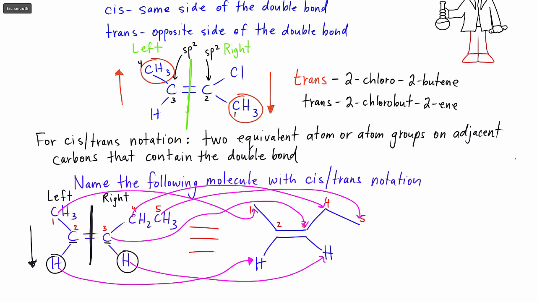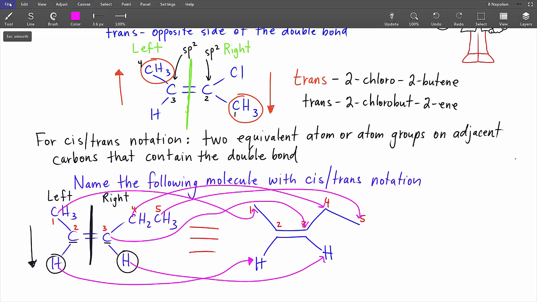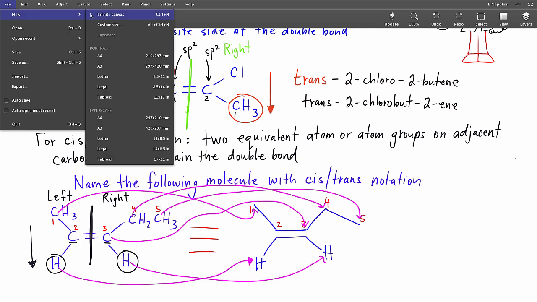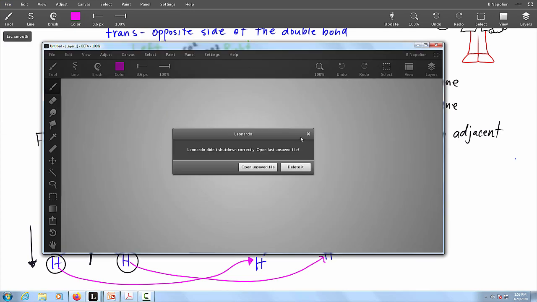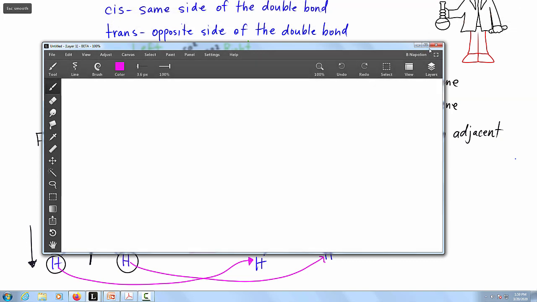Okay? Now, if I talk about cis-trans in another context, let's look at another example of cis-trans. And this example is going to be unique because it's going to lead us to something that actually conflicts with the name when we get to the EZ nomenclature.